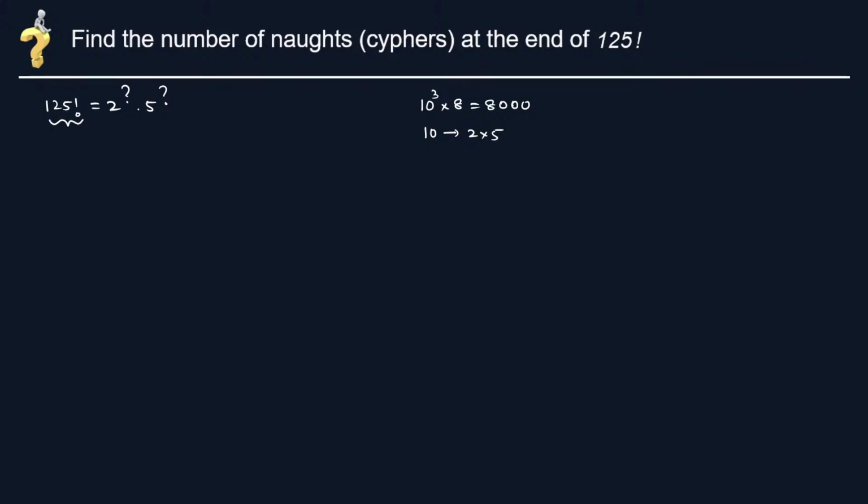That's it. So let us try to find what will be the exponent of 2 in 125 factorial.